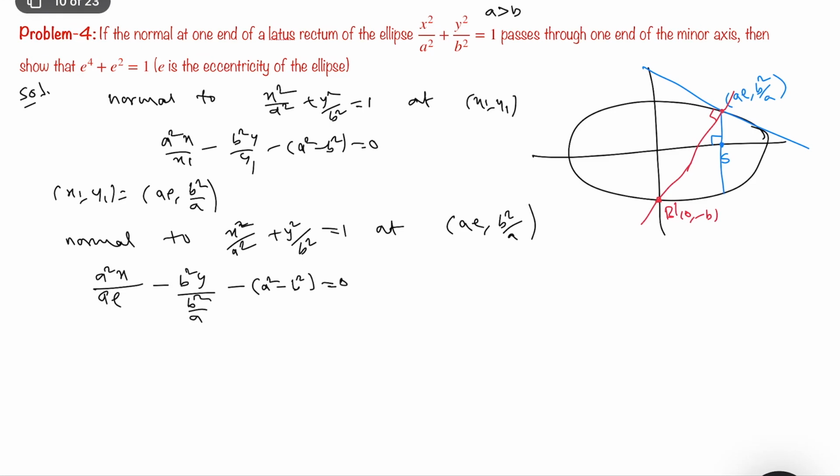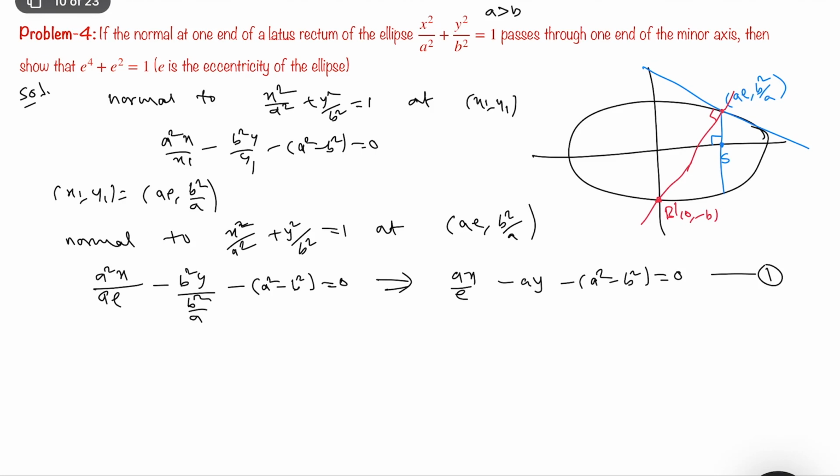Okay. Now this one we can write as ax by e minus ay minus of a square minus b square equal to 0. Let me call it 1. Okay, this is a normal through this end of the latus rectum.